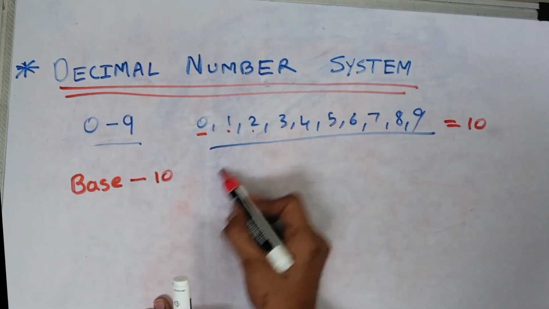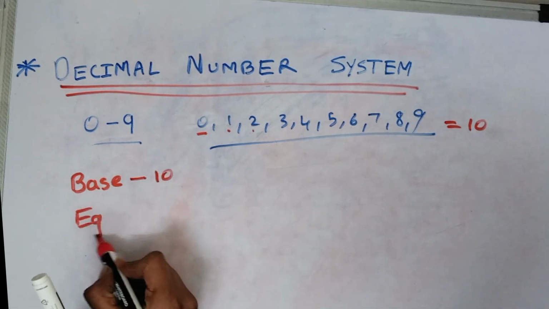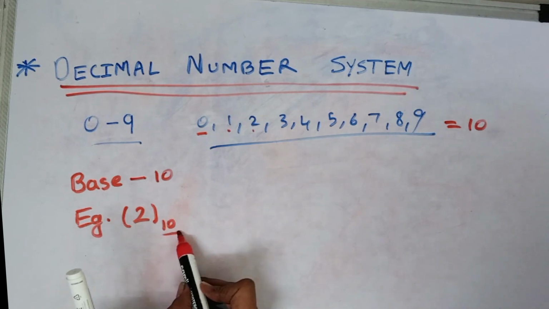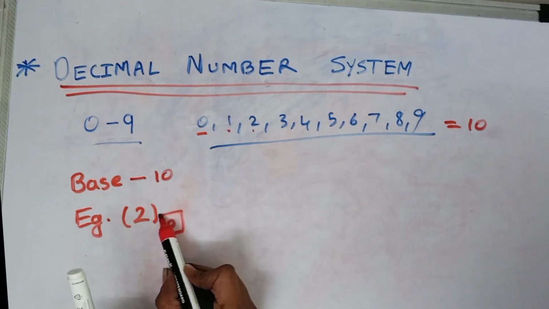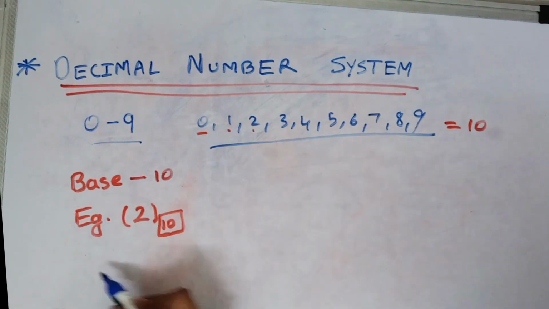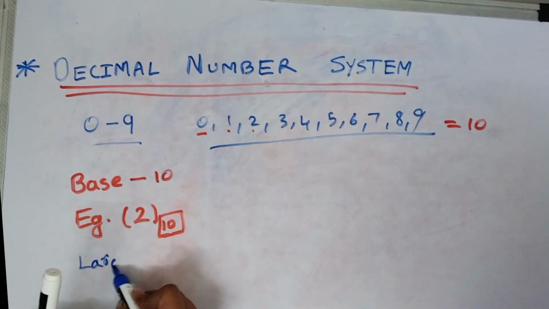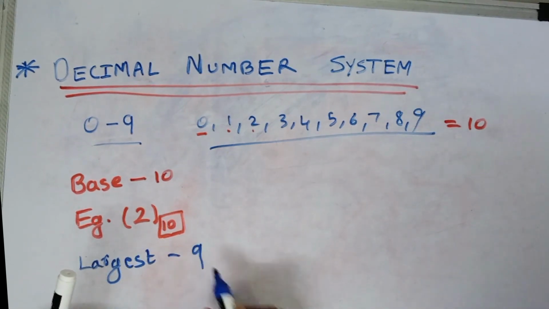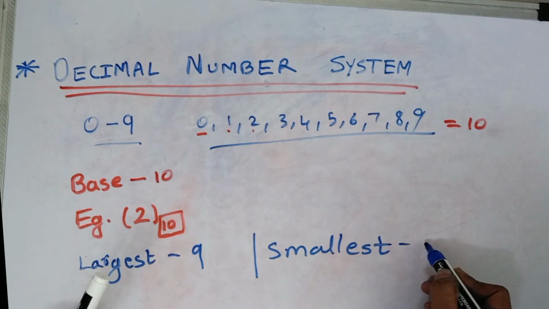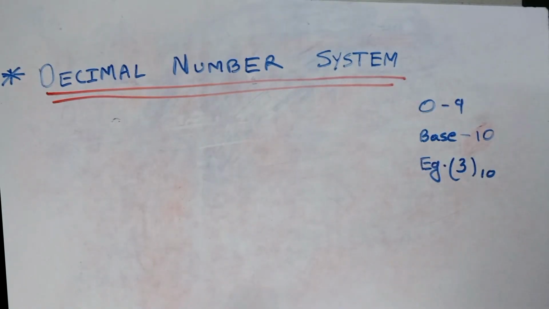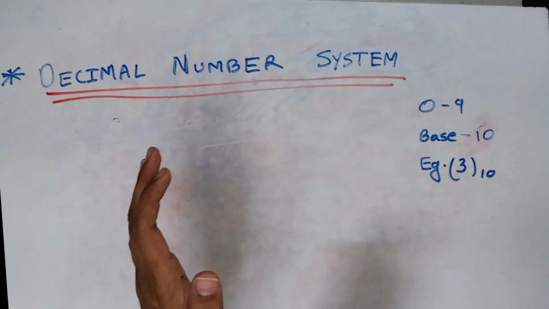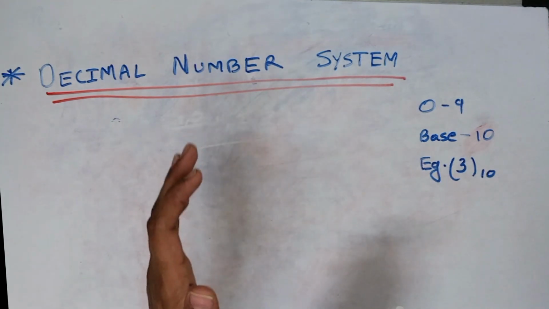So any number, for example 2, is written in brackets and a 10 is added as a subscript here. Now this is nothing but a base. It is important to note here that the largest number of a decimal number system is 9 and the smallest is 0.